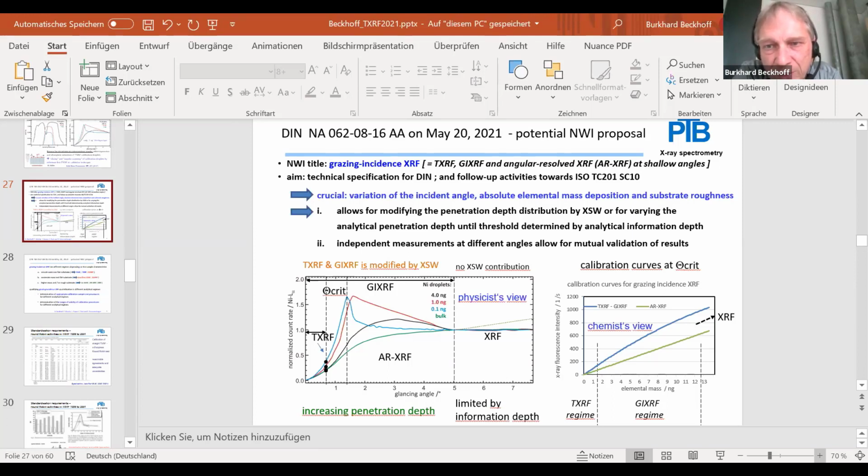So I would not expect to solve all the problems. I would expect some modulations when having nanoparticles, some modulations on the way, let's say, for the lower angular ranges.